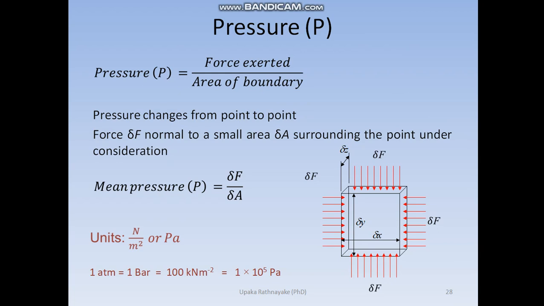However, there are two other units to express pressure. They are ATM, that is atmosphere, or bars. Now the conversion for these units is 1 ATM is equal to 1 bar is equal to 10 to the power 5 pascals.